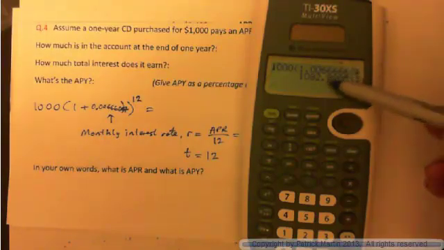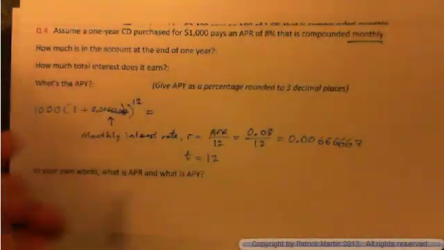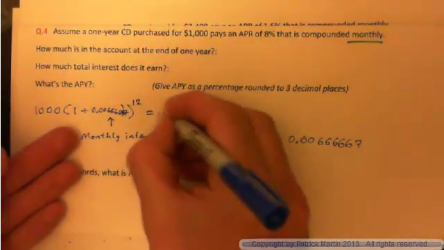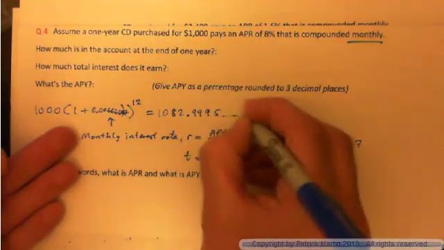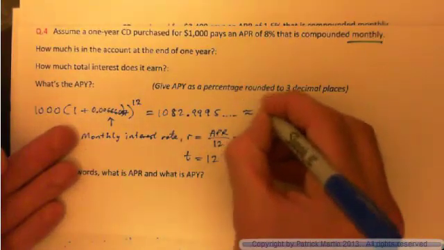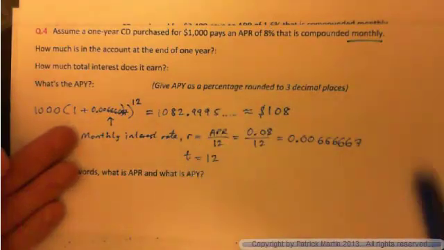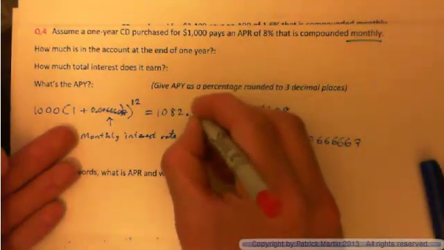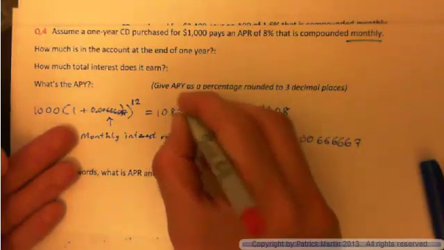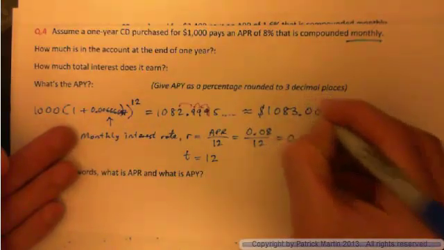1082.99999. So if I round that to the nearest cent, what does that give me? 1082.9995 and so on is approximately, if you round this 9 up, then this becomes a 10, and this becomes a 10, and then that becomes a 3, so 1083.00.